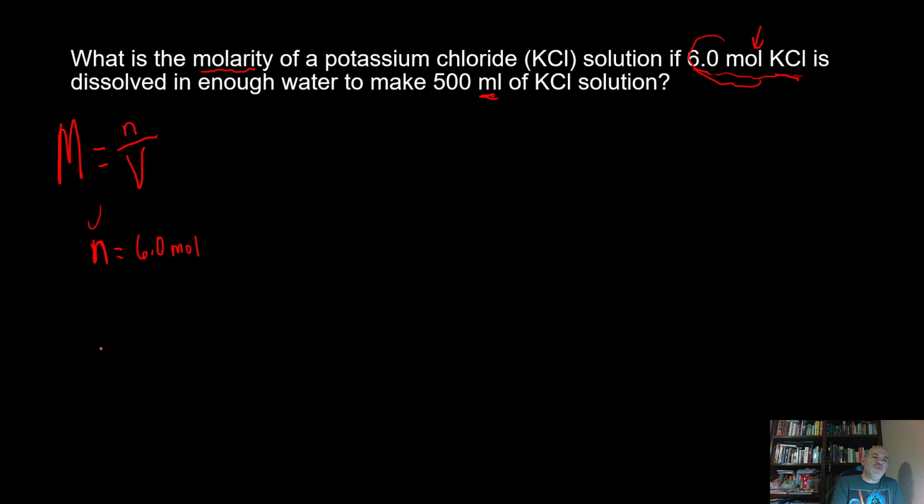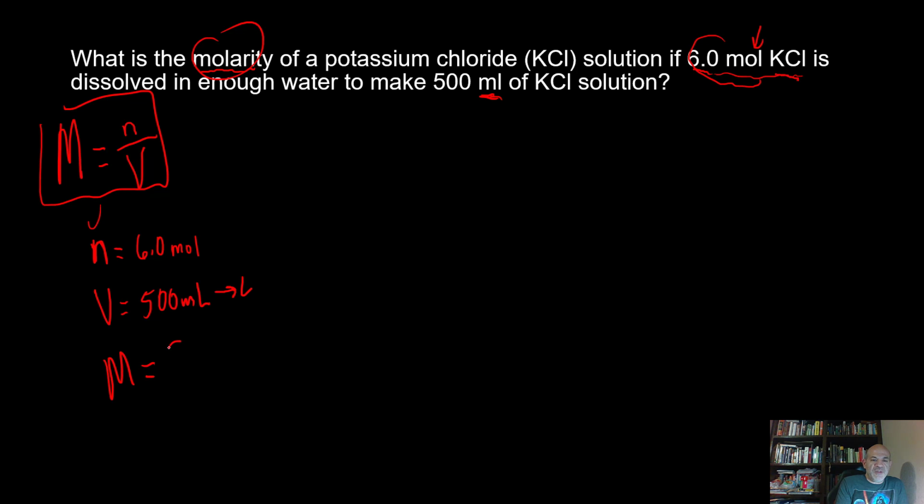If we have trouble writing these down because we don't recognize units, you're going to have trouble figuring out what equation to use, right? The equation is a concept. So you want to make sure you remember the units. Milliliters is volume. Remember, we're going to have to change milliliters to liters because by definition it's moles per liter. And we're being asked to find molarity.